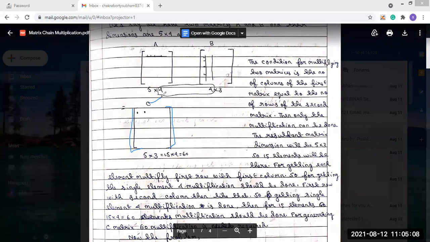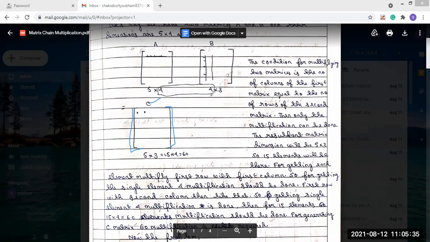Matrix multiplication is only possible when the first matrix's column count is equal to the second matrix's row count.